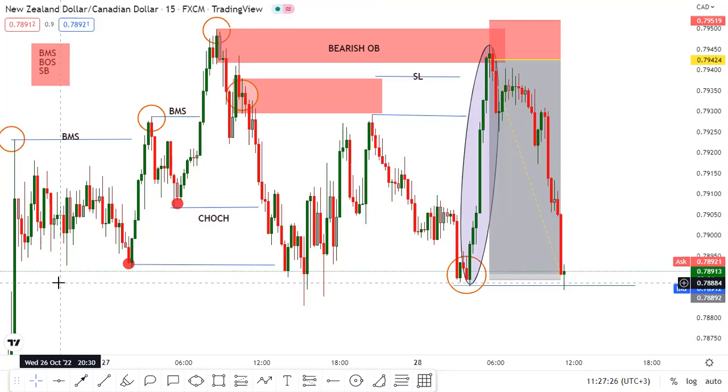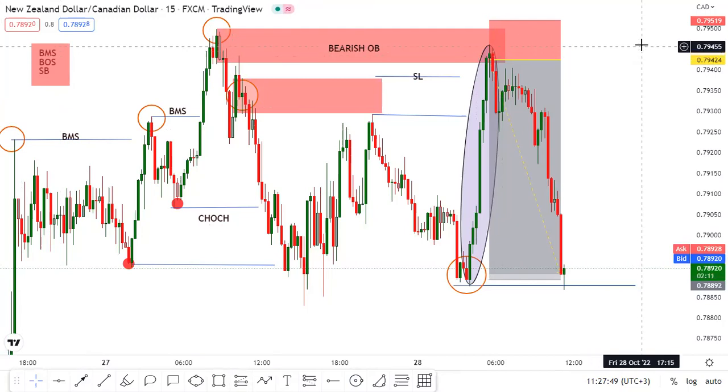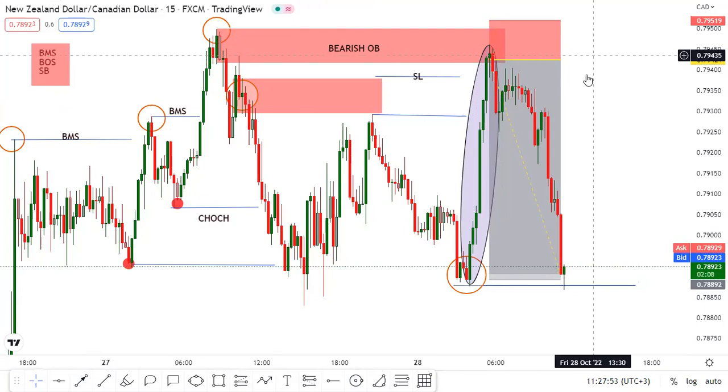You just need to use that order block for the first touch, what we call the first touch or the second touch. Only either two, not more than two. If there are more than two, they become areas of liquidity, because you see price respect at the first time, at the second time. Now at the third time, it becomes an area of liquidity, and the market will break that zone.